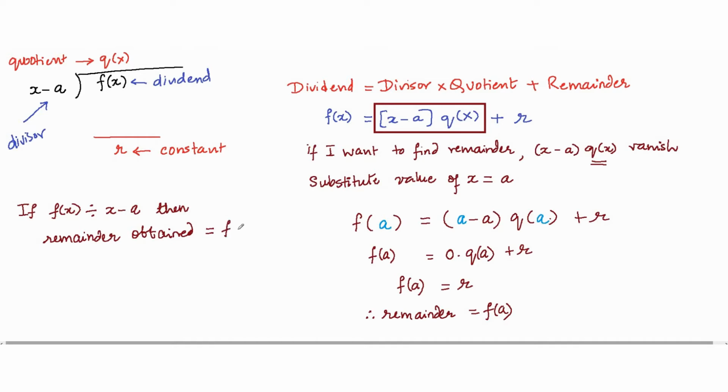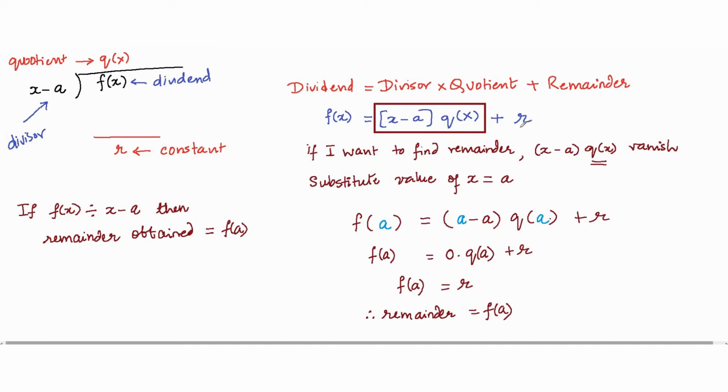was f of a. Now there are some typical questions, like we substituted x as a over here, but how do we know that x is exactly equal to a? Of course, we do not know if x is equal to a, but if we want to separate out the remainder from the other terms, then substituting x as a actually makes a lot of sense because this particular boxed term just vanishes.